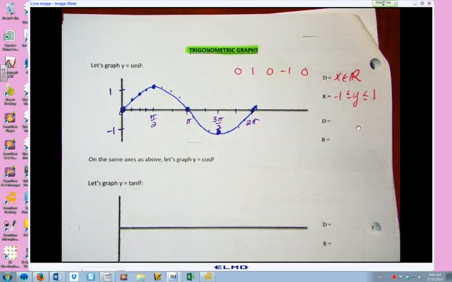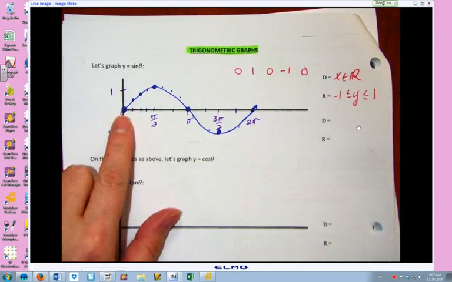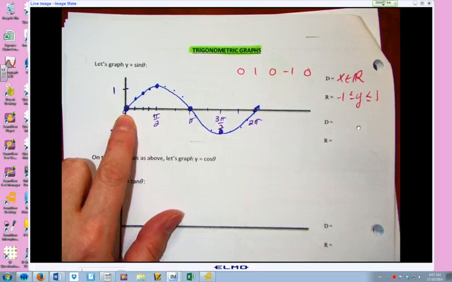Okay. On the same set of axes, we're going to do cos, so change colors. I don't care what color, just do it different than what you did sine. And so let's repeat the process. At 0, so right-hand side of the circle, what is the cos value? 1.